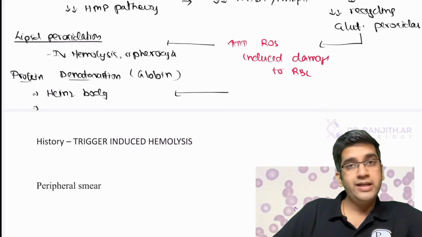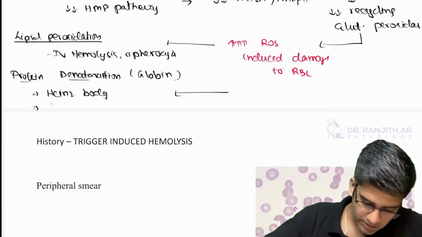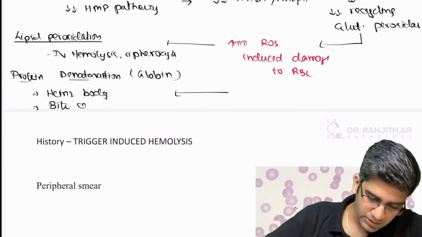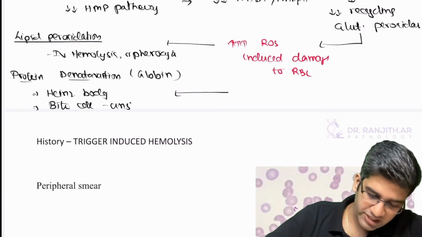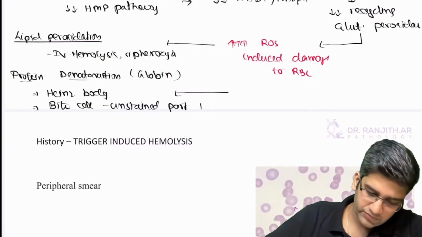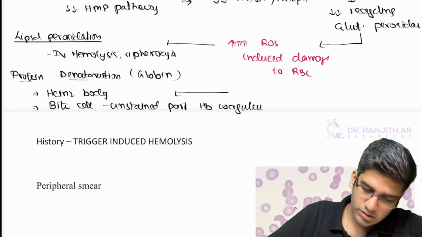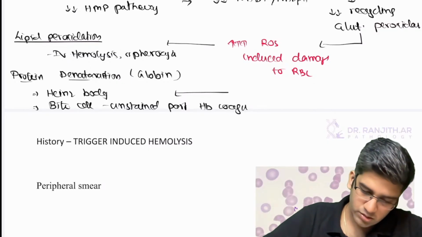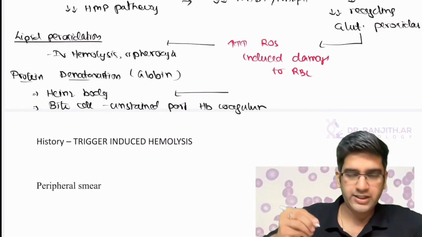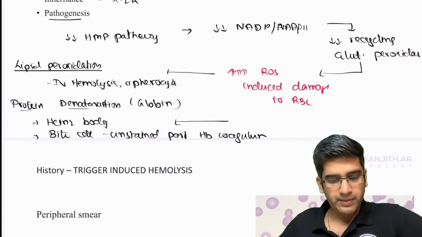And since the globin denaturation cannot be seen in Leishman stain, you have a bite cell. So a bite cell is an unstained part of the hemoglobin coagulum. That is your bite cell.